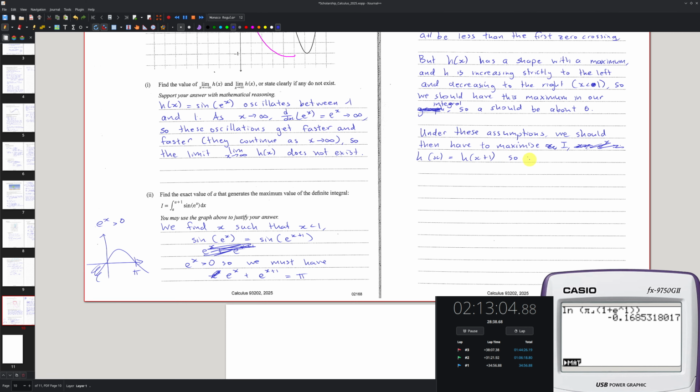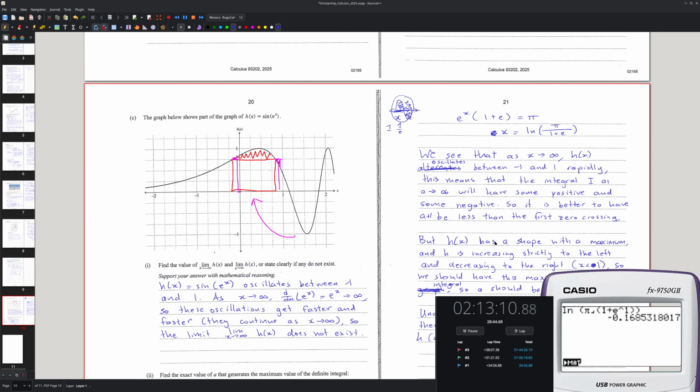So x equals ln pi over 1 plus e. What was it, 1 plus e? Yeah.